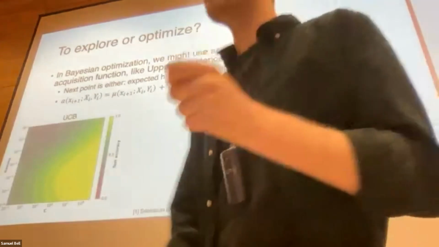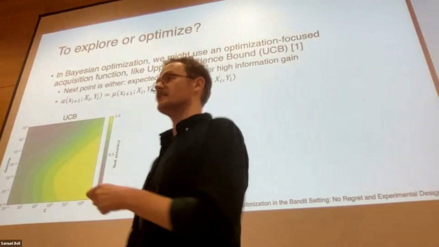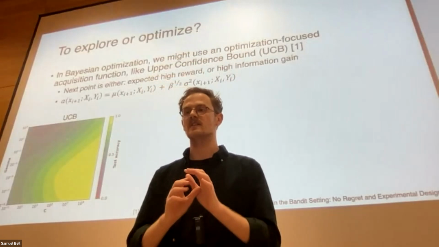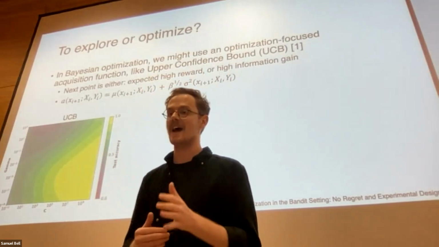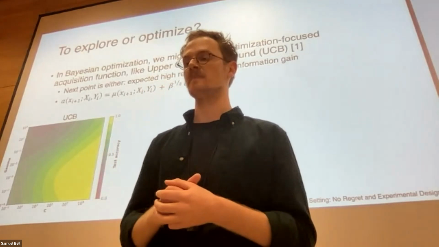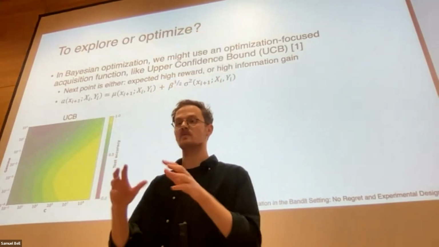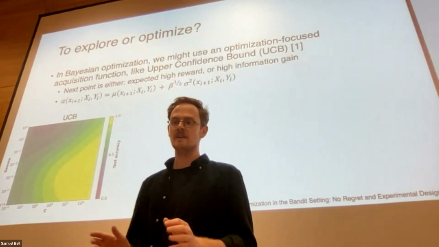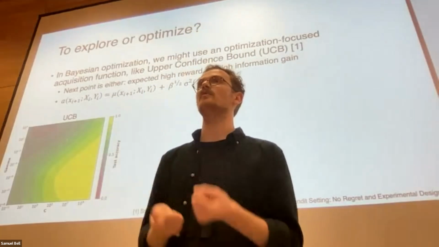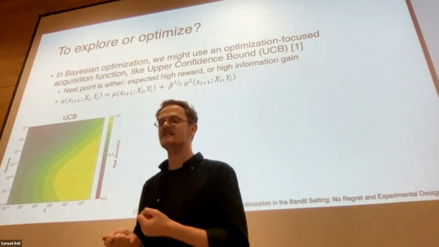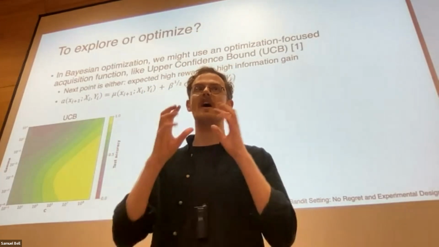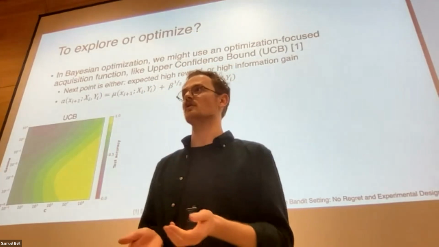If we use UCB, we might see something like this figure. This is a contour plot of test accuracy with hyperparameter C on the bottom and gamma on the y-axis. What you might conclude, as a totally reasonable conclusion, is that there's one region of high performance: that big yellow bit in the bottom right corner where you have high C and low gamma. If we're optimizing, that's the conclusion we would draw.